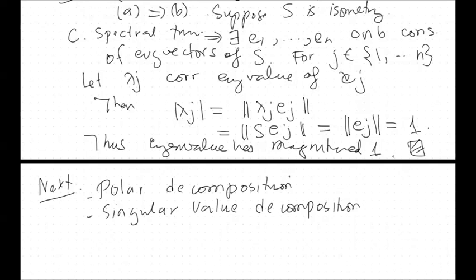And then, of course, we will first define what a singular value is. Basically, singular values are eigenvalues of this special kind of square root operator, the square root of some operator multiplied with its adjoint. We will have more of that next time.